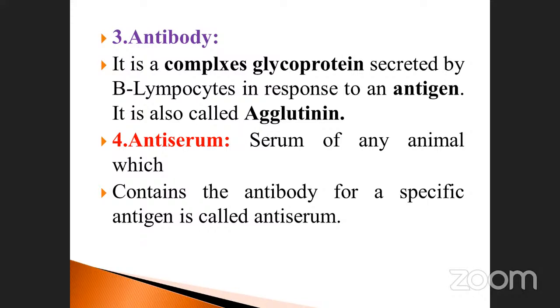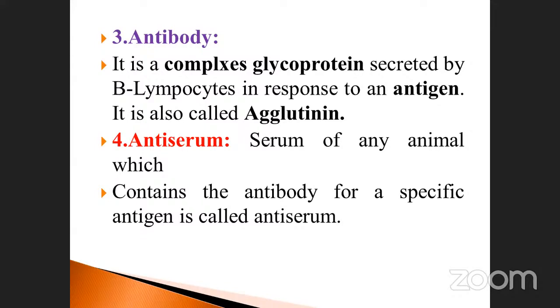Okay, that is very, very important. Once again, I repeat for you. What is my immunity? What is my antigen? What is my antibody? Antibody is very, very important because many times questions are asked: antibody is nothing but the glycoprotein secreted by B lymphocytes, or T lymphocytes or macrophages, like that they may ask the question.